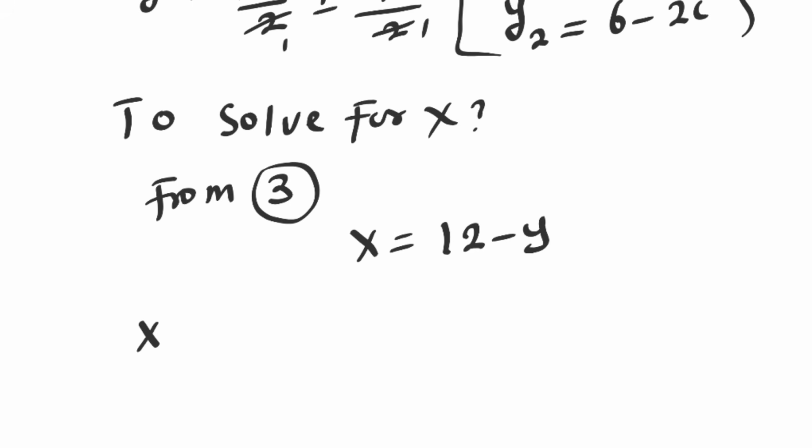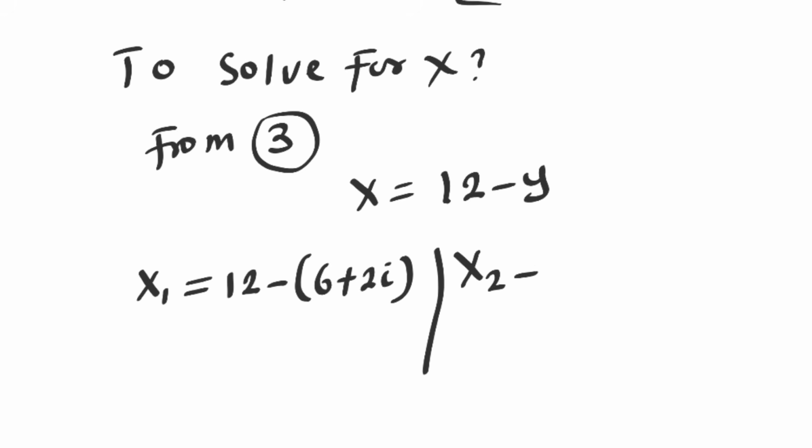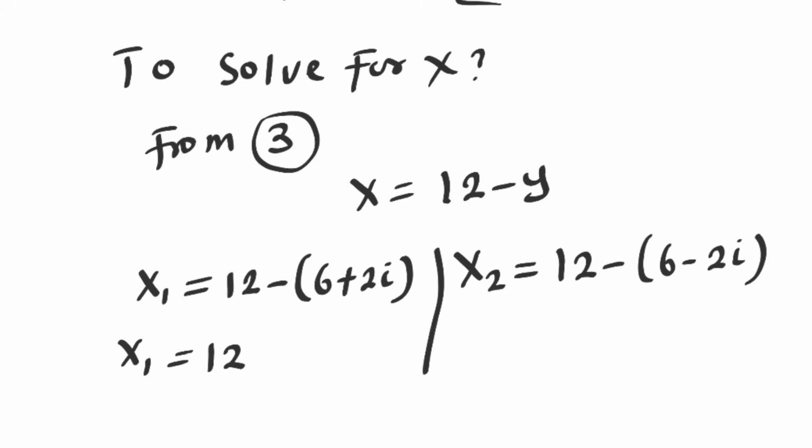Then x1 is equal to 12 minus y1, which is 6 plus 2i. And x2 is equal to 12 minus 6 minus 2i.